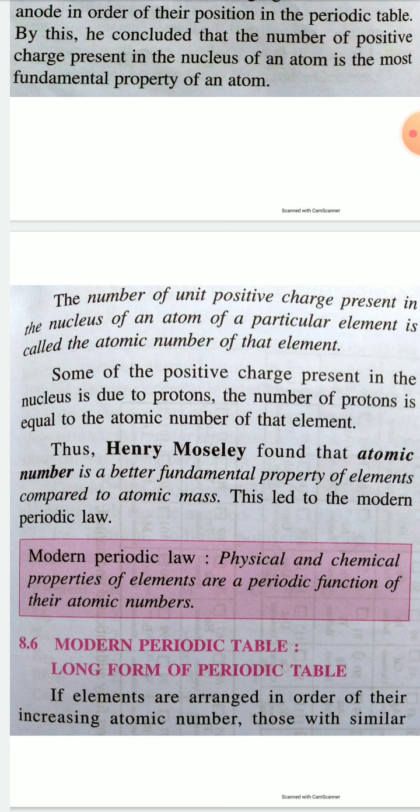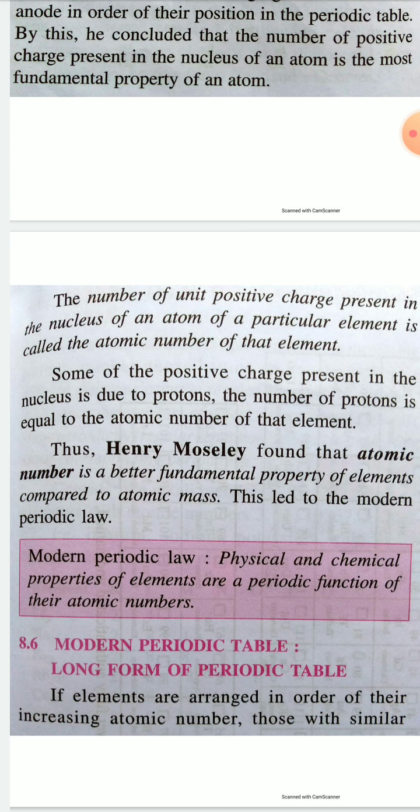Actually, during analyzing different X-rays produced from different metals, Henry Moseley found that the frequency of X-rays produced from different metals depends on the atomic number of the different metals.